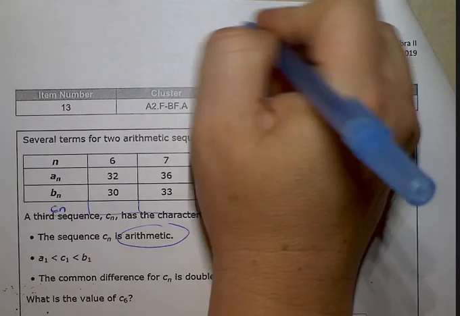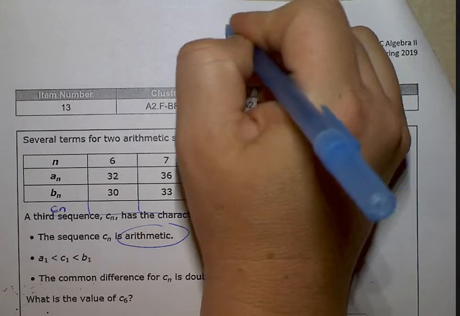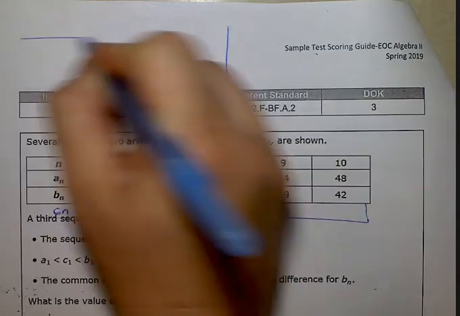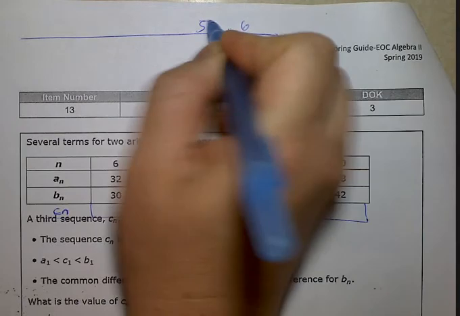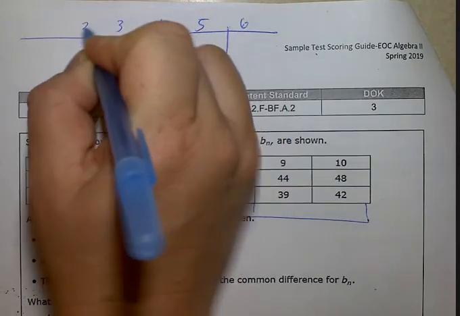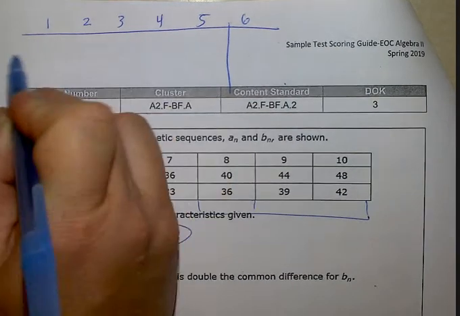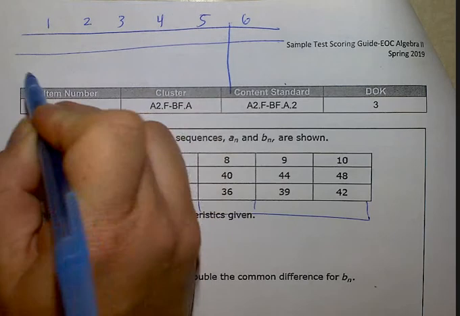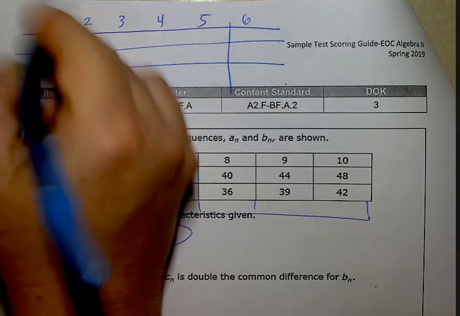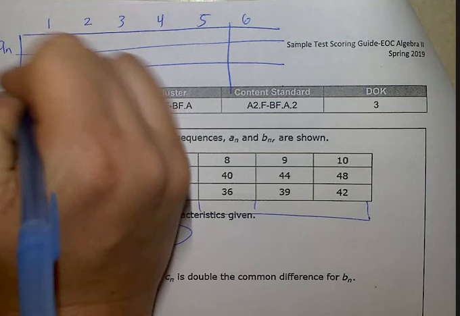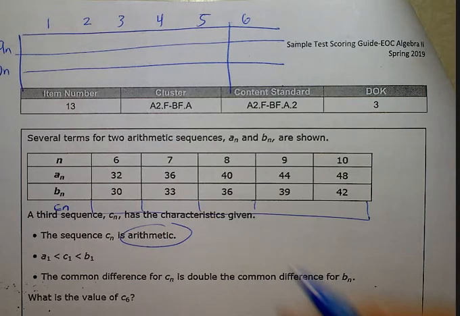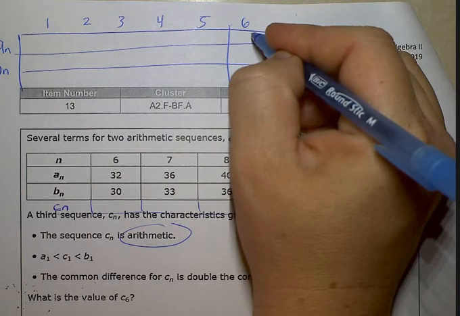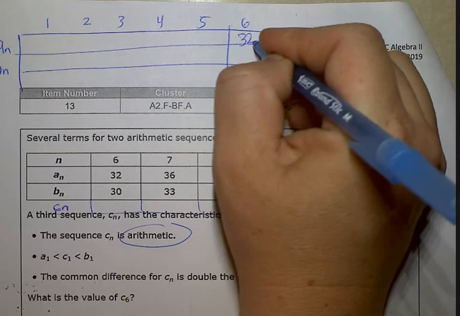So let's do this. Let's write down, okay, help me out here. We're going to go 6, 5, 4, 3, 2, and 1. And those are the n values. And off the side, I'm going to write a sub n and b sub n. Now I know the sixth value here for a sub n is 32, and for b sub n it's 30.